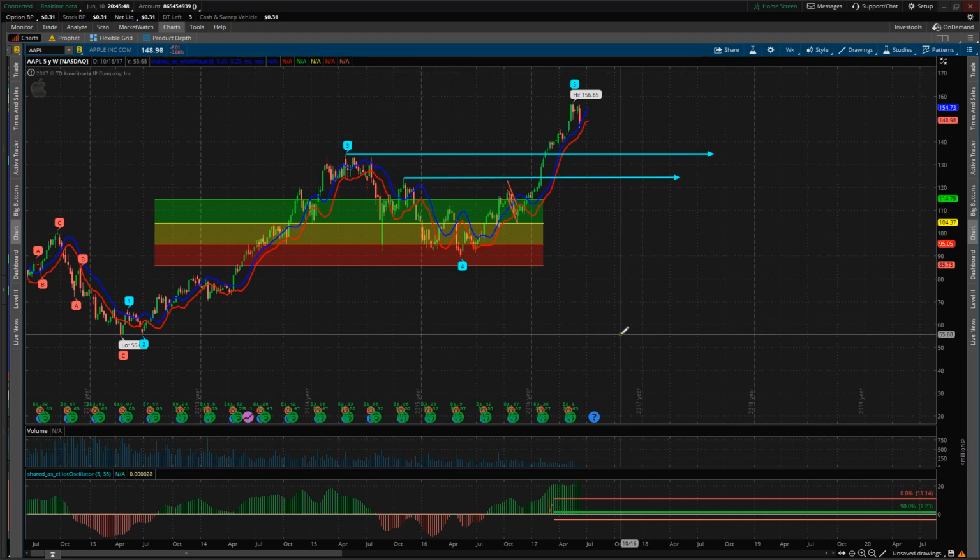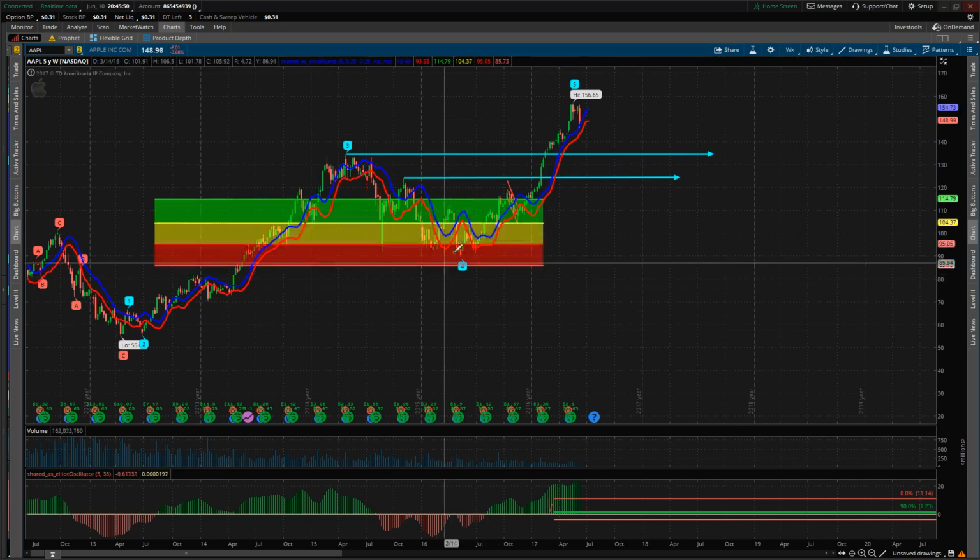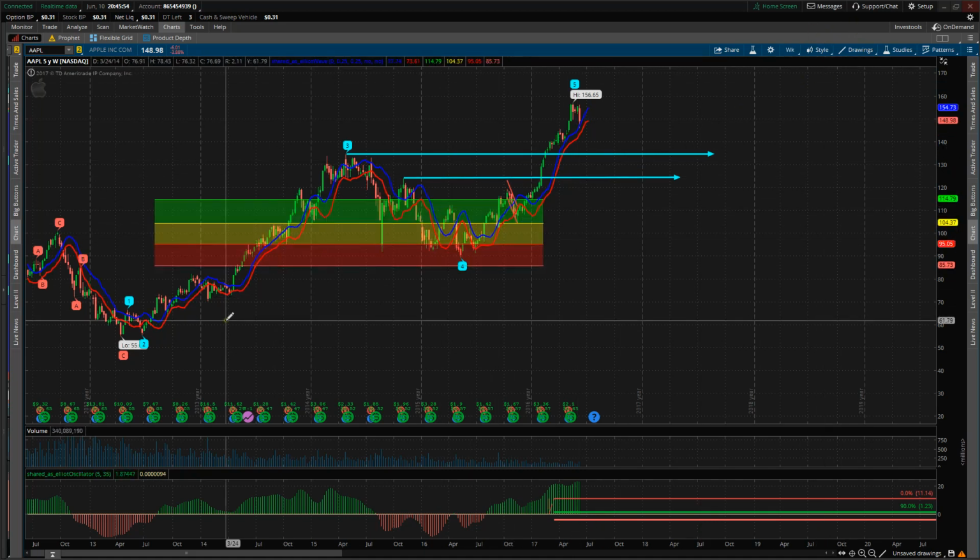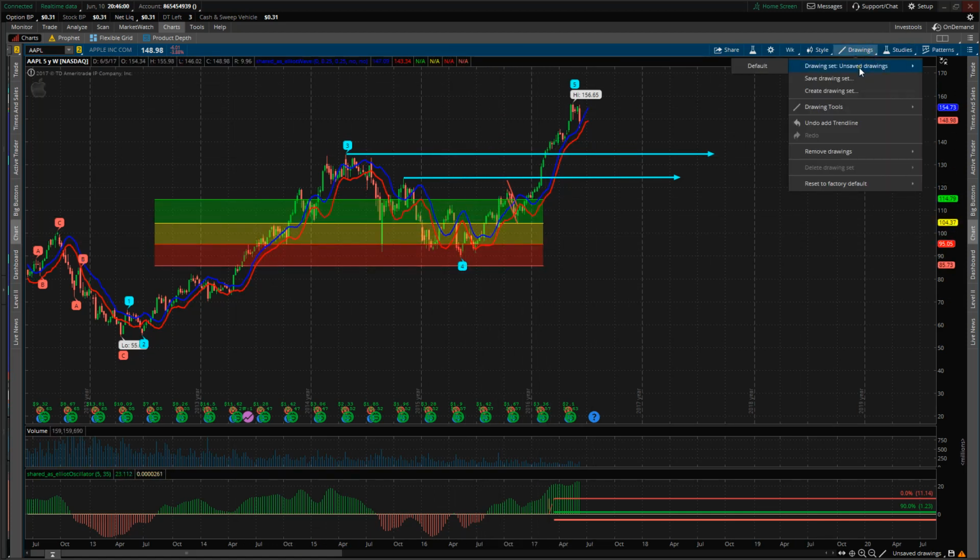Okay, so those two levels are in. We could put the channel in for this 5th wave now, but I don't think it's really going to affect. I wanted a longer term channel, and that's very tight at the moment because it's been very bullish.